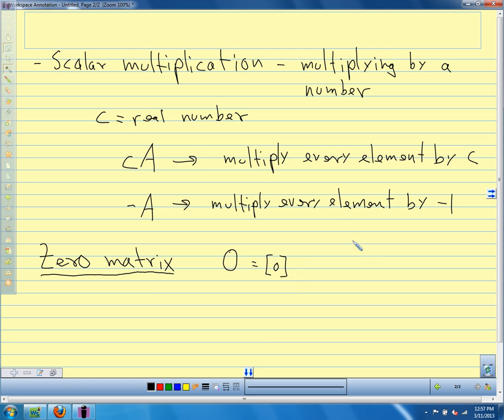It just means that every element is 0. And one thing to be careful of, I know it seems like a minor distinction, but it really makes a difference. The zero matrix does not equal the number 0. The zero matrix is a matrix of zeros, whereas the number 0 is just 1, 0.